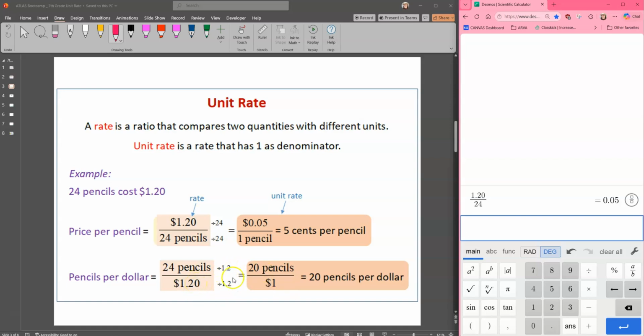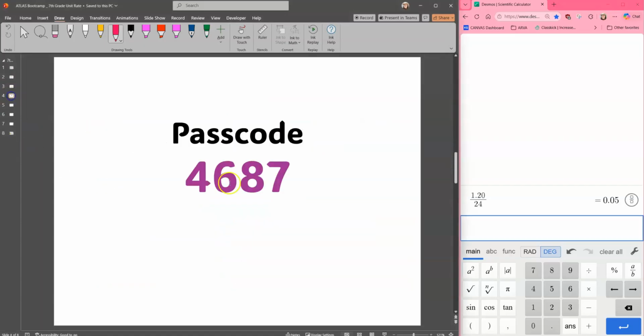So I end up with 20 pencils per $1. So I get 20 pencils if I give you $1. That's what we're doing. Rates and ratios are primarily just fancy fractions that tell us something. They have context behind them.